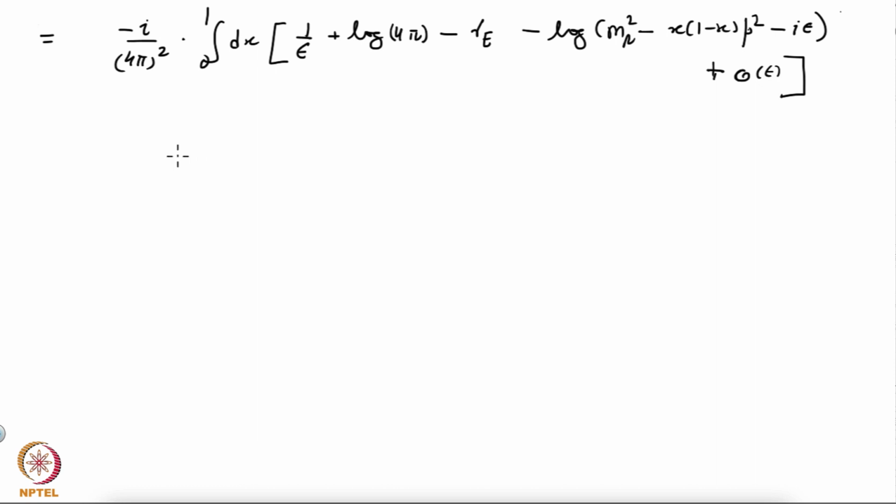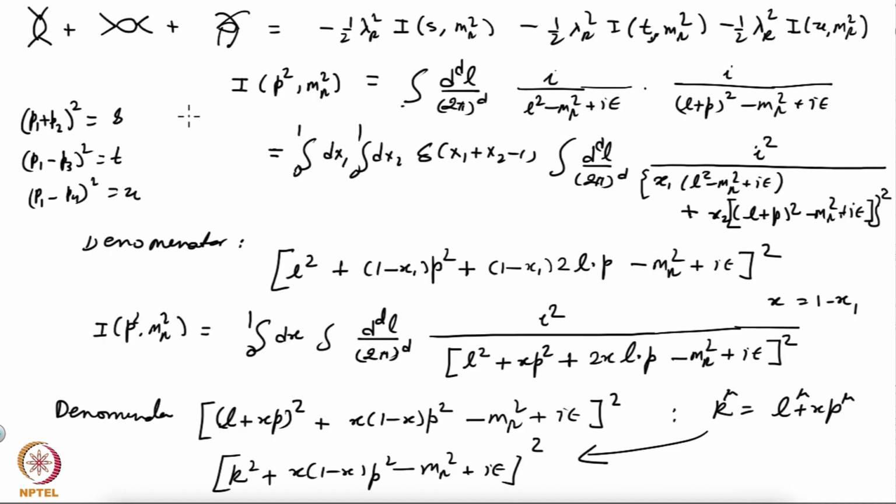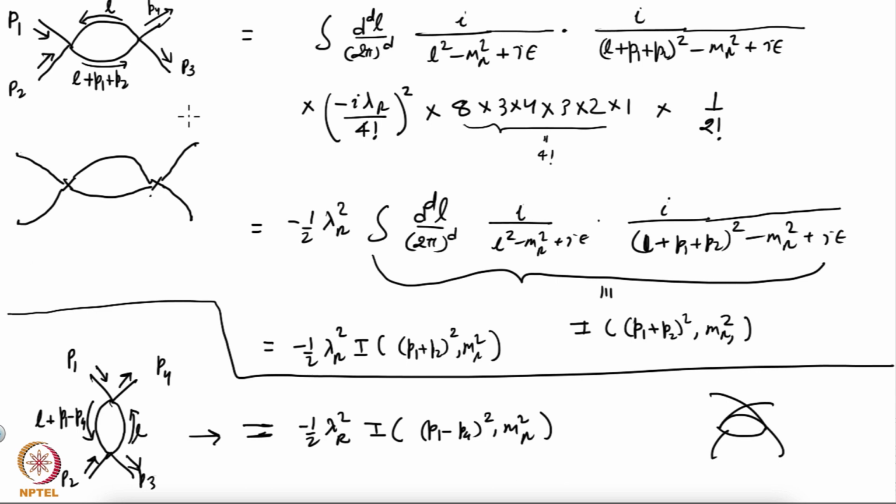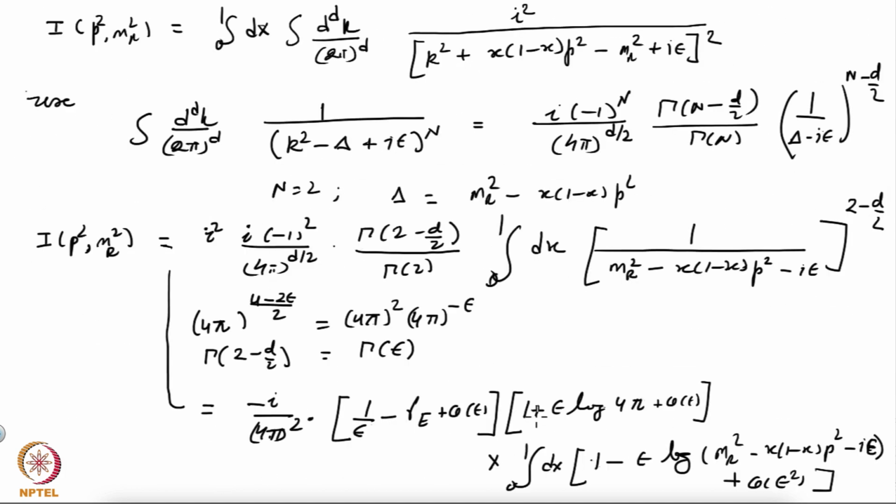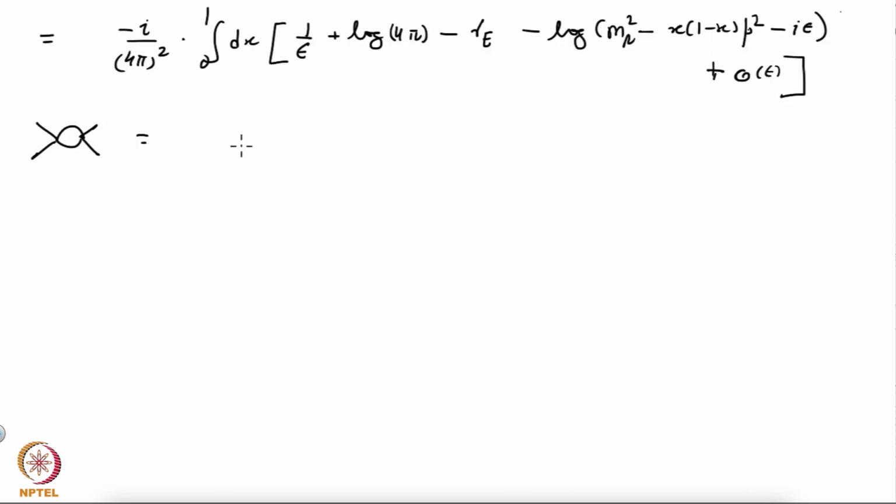So the contribution of this is now, we have to multiply with the factor of minus half lambda square I of s, mr square. That is what this diagram is. So minus half lambda r square times minus I over 4 pi square. So I'll combine it.